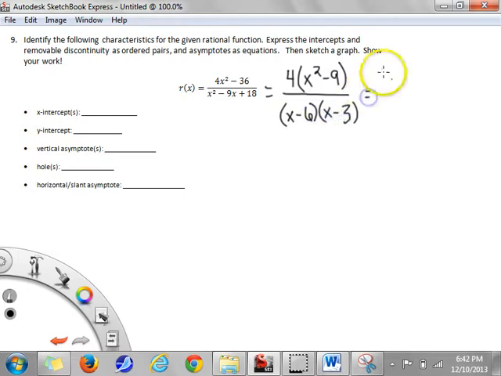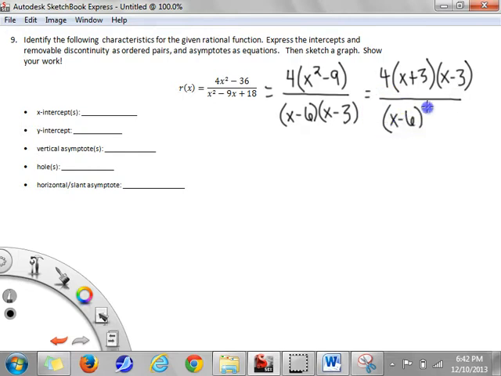Now the numerator can factor a little bit further because that's the difference of two squares. So you would have x plus 3, x minus 3 over x minus 6, x minus 3.